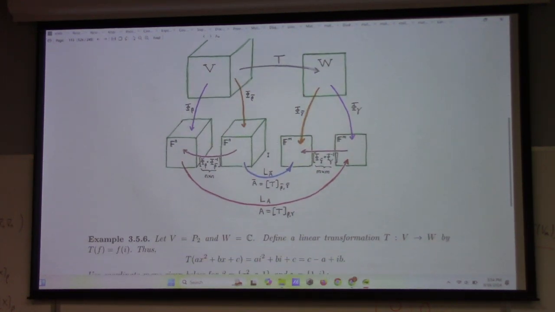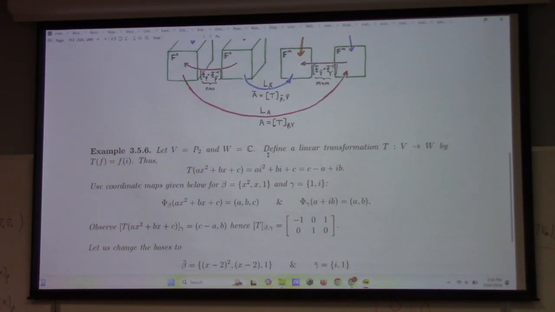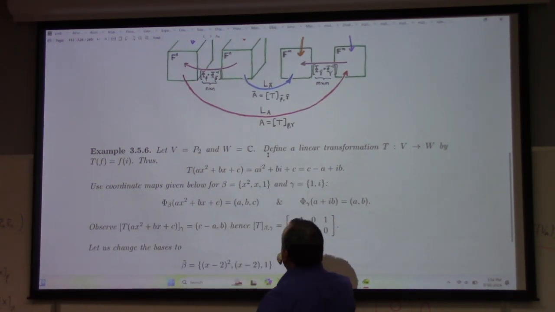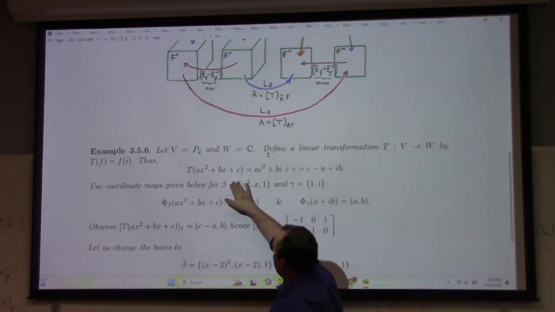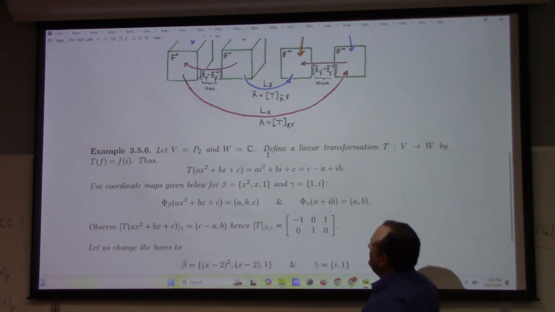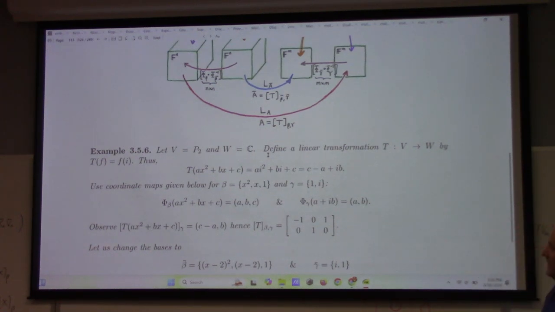So here's an example. I have a linear transformation from P2 to the complexes. And my formula is this. What am I doing? Oh, I guess I'm evaluating at i, right? T of f is f of i. So that gives me c minus a plus ib. All right, great.